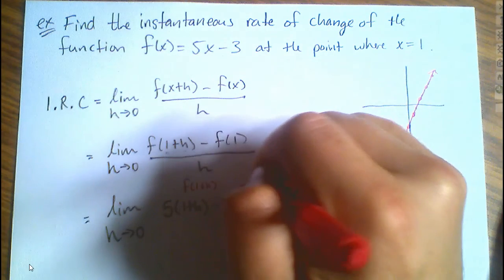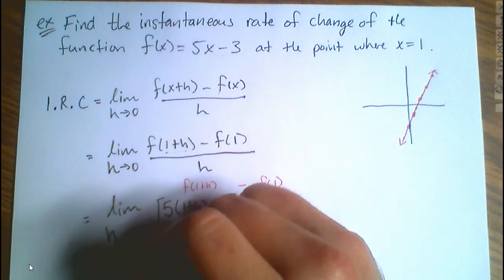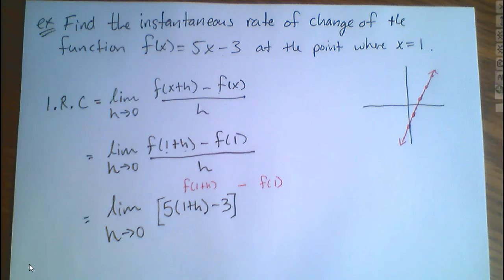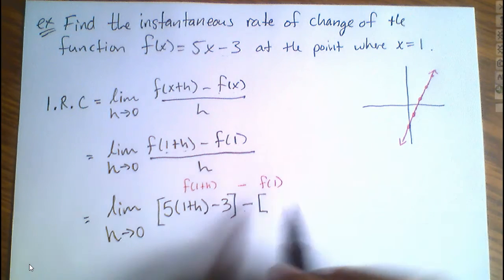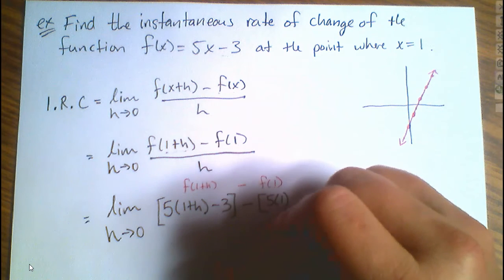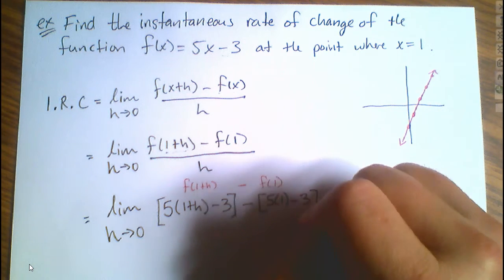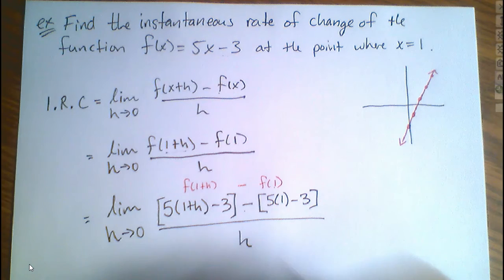Okay. So that takes care of our f of 1 plus h here, minus, we need f of 1, right? So I'm going to enclose this in some brackets just to keep it separate from the other piece. So that's my f of 1 plus h. Now my minus, and then I'm going to put in f of 1 here. F of 1 would be 5 times 1 minus 3. And that's all over h.